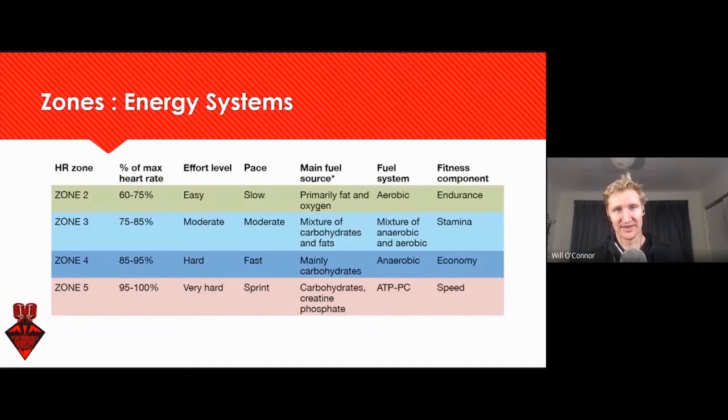But with these specific zones, we can then look at those underlying energy systems and start to target them. And something like this image really helps convey what each zone is trying to do, because your coach can tell you, or you can set them in TrainingPeaks, but you may forget why am I making this athlete train so slow all the time?